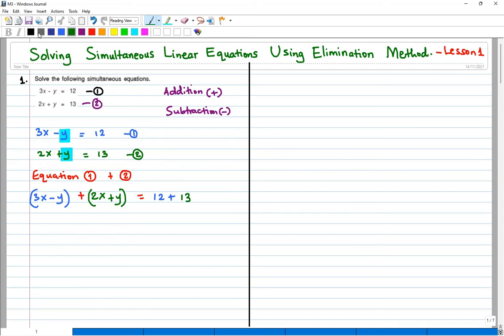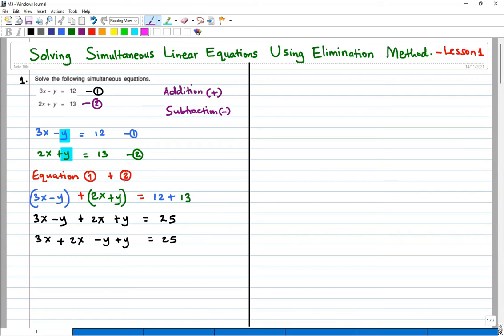Now let's take away the brackets. So we have it as 3x minus y plus 2x plus y is equal to 25. Okay. Now we collect the like terms. So we get 3x plus 2x minus y plus y is equal to 25.